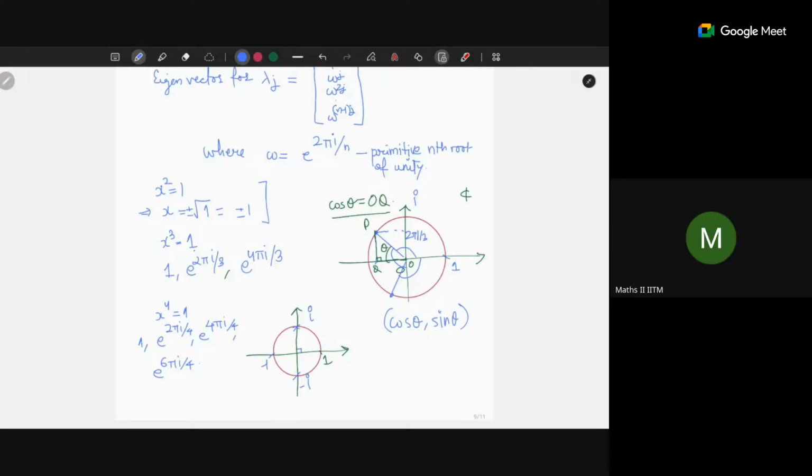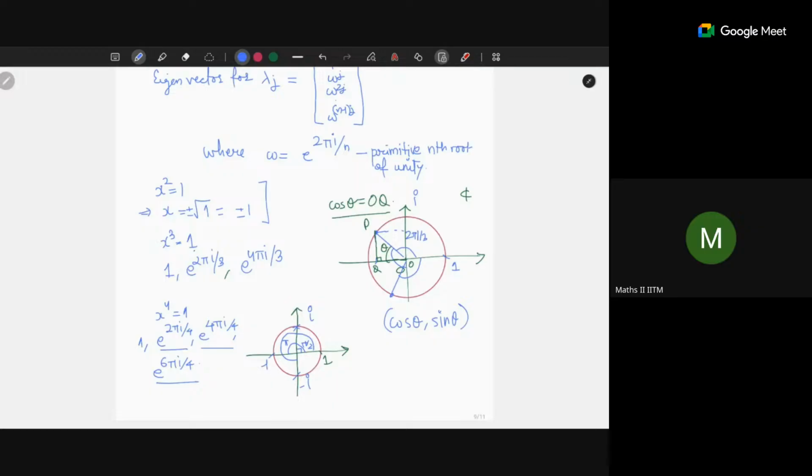So what is pi by 2? This will become pi by 2, this will become pi, and this will become 3 pi by 2. So pi by 2, then this whole angle pi, and then this whole angle, which is 3 pi by 2.